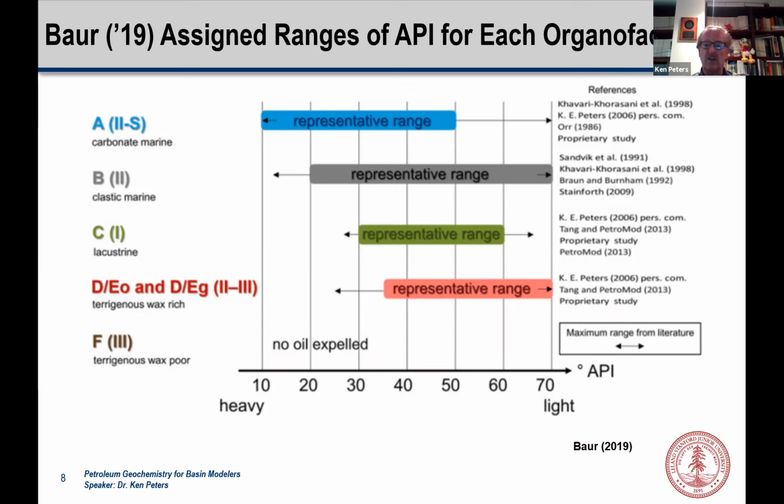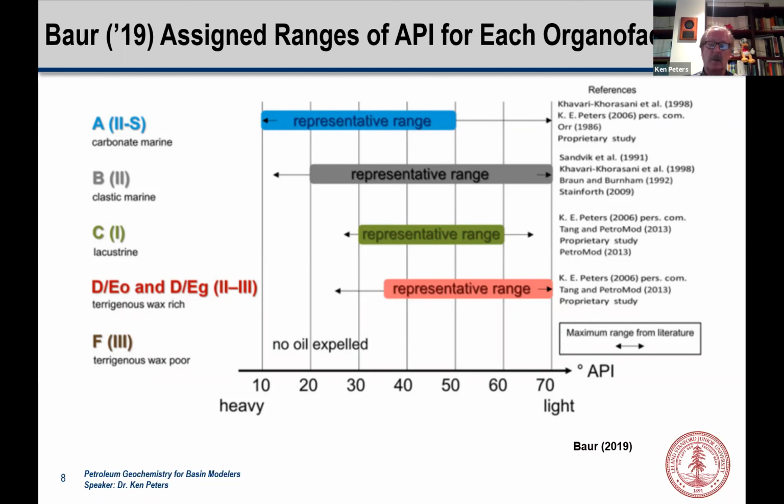The references for each source rock are displayed at the right, and these are references that talk about the API gravity. These default ranges of API gravity for the 5 new kinetic models represent observed averages, but in his module in Petromod, these can be modified easily.